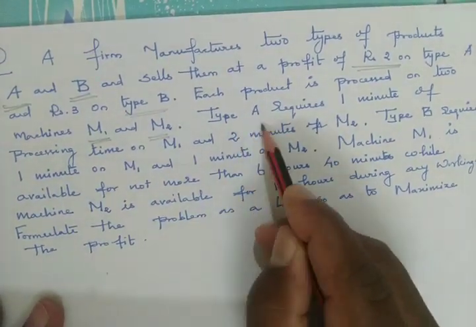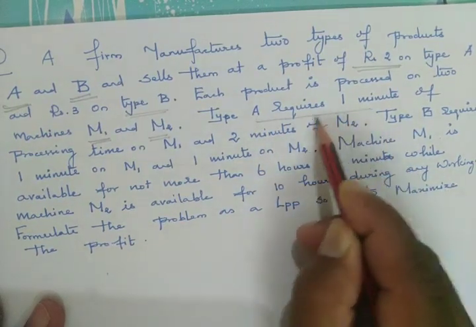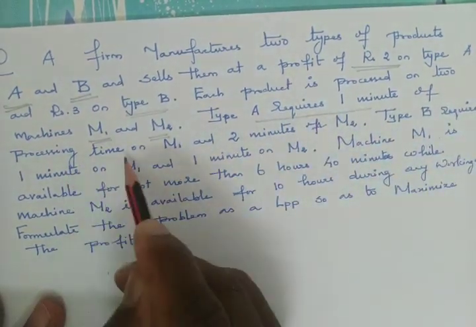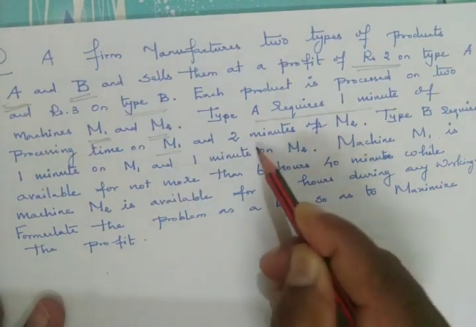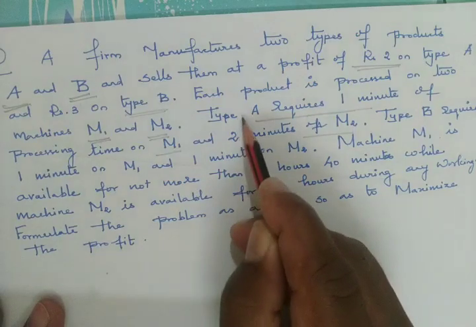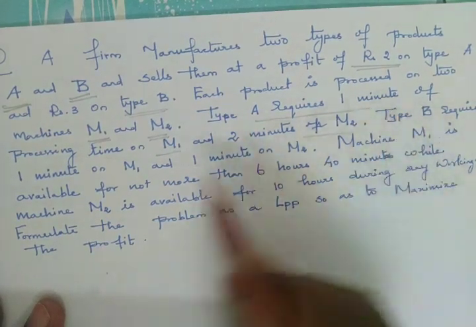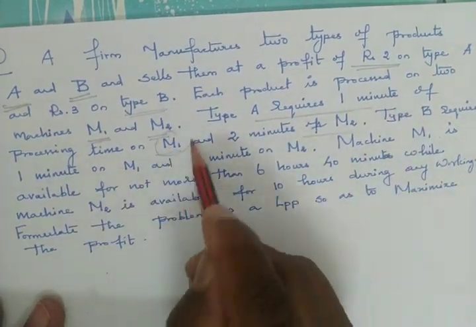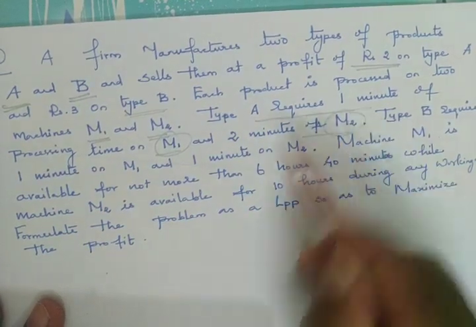Type A requires 1 minute of processing time on M1 and 2 minutes on M2.